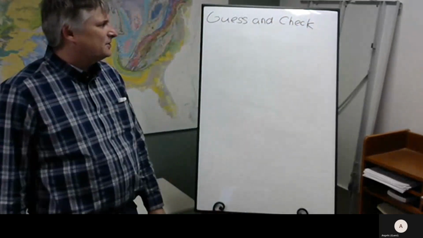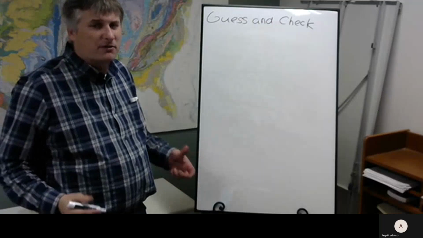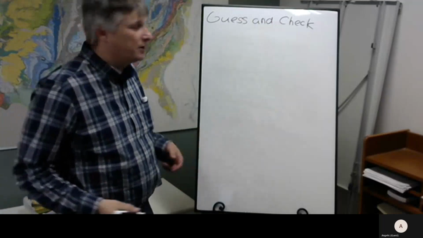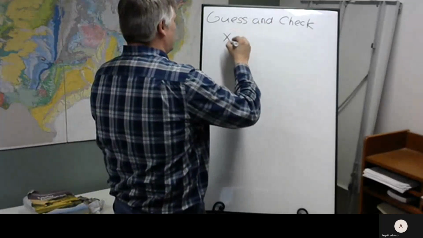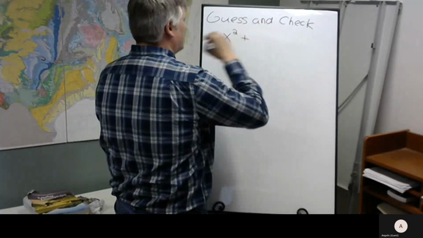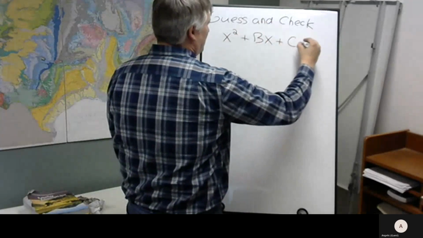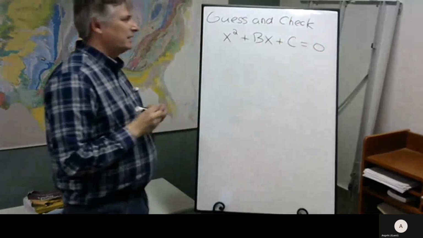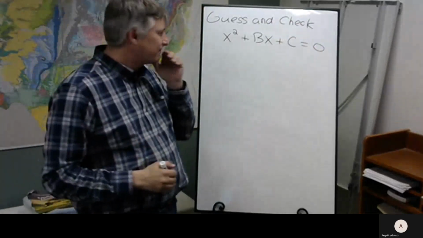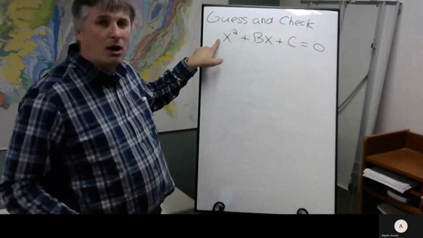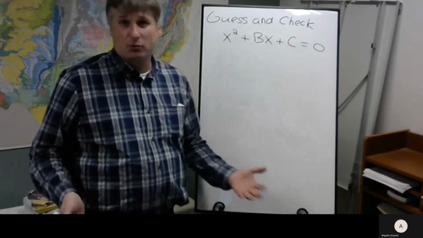For guess and check, this works with a very particular quadratic equation: x squared plus bx plus c equals 0. And the key thing here, there's a 1 on the x squared.